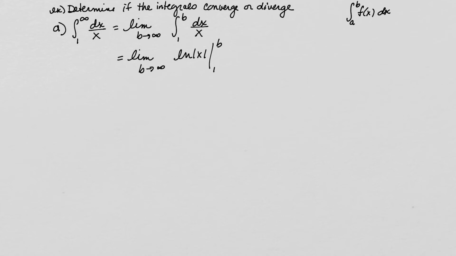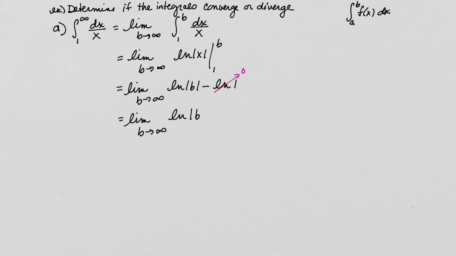And then, just like before, we plug in the top limit and the bottom limit. So we've got the limit as b approaches infinity of natural log of the absolute value of b, minus natural log of 1. Remember, the natural log of 1 is 0, right? So this part goes to 0. So this is just the limit as b approaches infinity of the natural log of the absolute value of b.